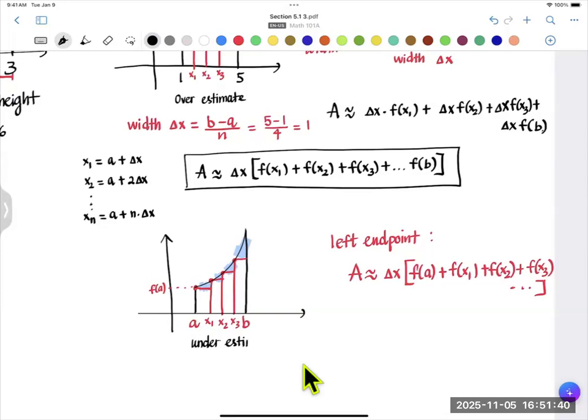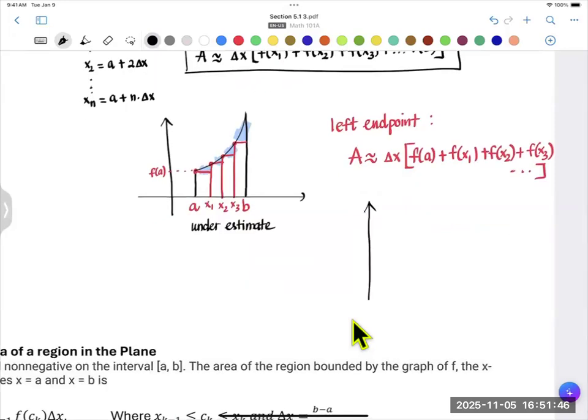So it doesn't mean that when you use left endpoint, you will always have an underestimate, because if you have a graph like this, but increasing, and you use left endpoint, you will have the underestimate.